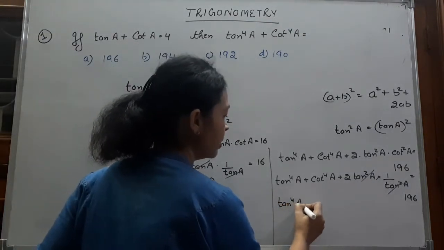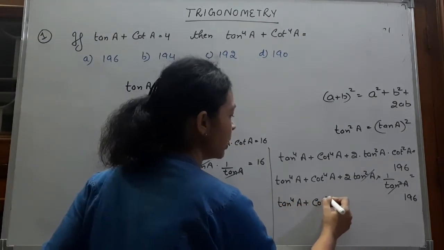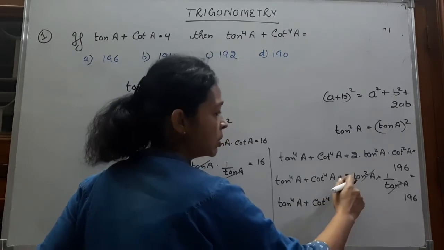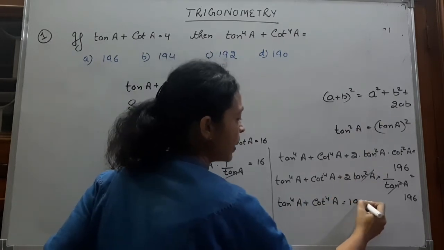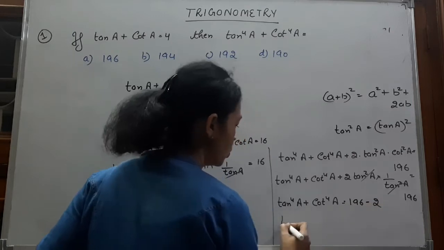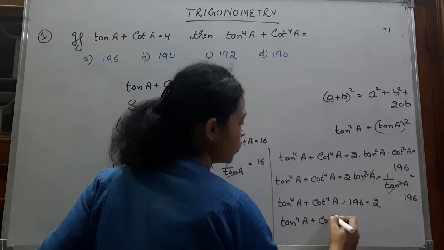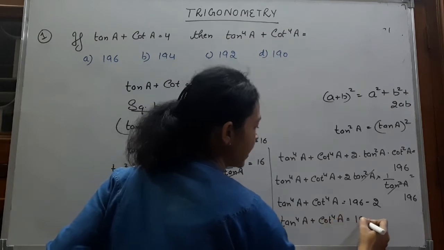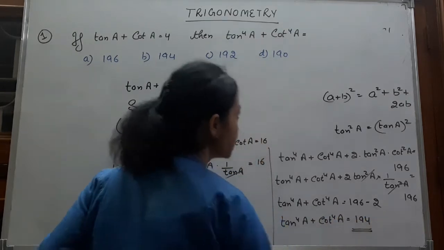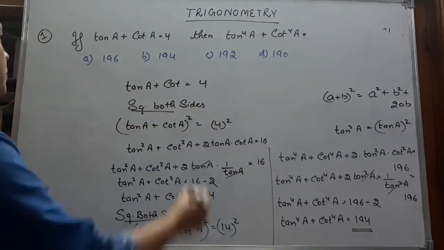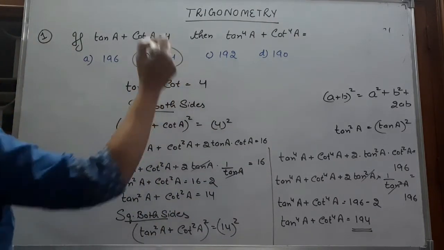Tan to the power 4A plus cot to the power 4A equals, take this 2 to the right hand side, 196 minus 2. So tan to the power 4A plus cot to the power 4A is equal to 194. This is our answer. So which is the correct option? Option B is our correct option.